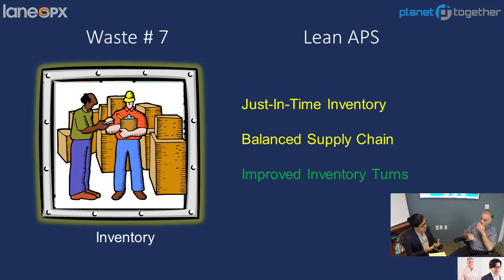So with using an advanced planning and scheduling system like PlanetTogether, they know exactly when they need to produce, so that kind of ties into the overproduction side of things. But not only that, they know exactly when they need to procure those raw materials in order to align with their supply and demand.